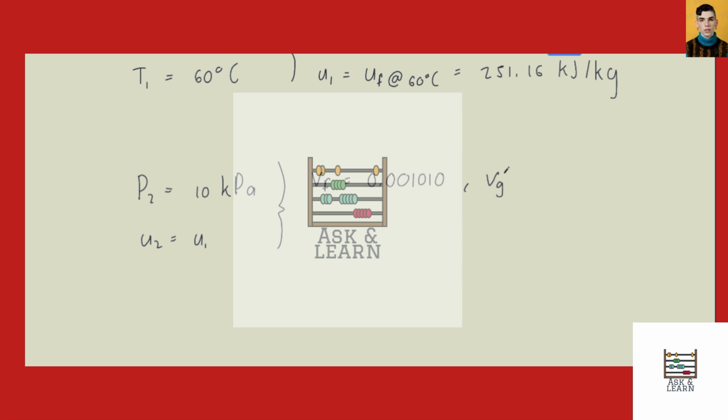Remember, it's a mixture, liquid-vapor mixture. So vg is 14.670. These are in SI units. uf is equal to 191.79. These are the internal energies. And ufg is equal to 2245.4 kilojoules per kg. So v is measured in cubic meters per kg and u in kilojoules per kg.